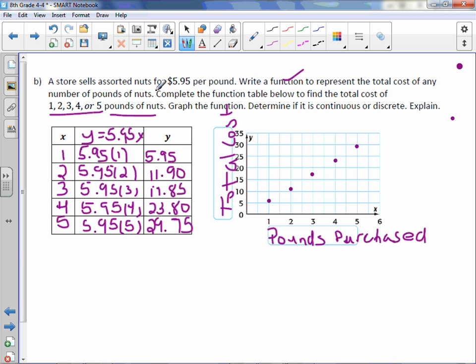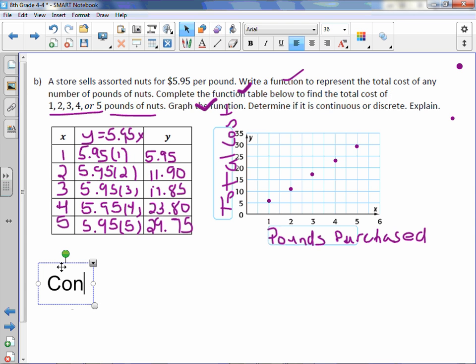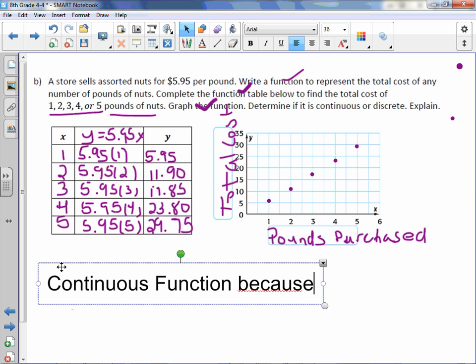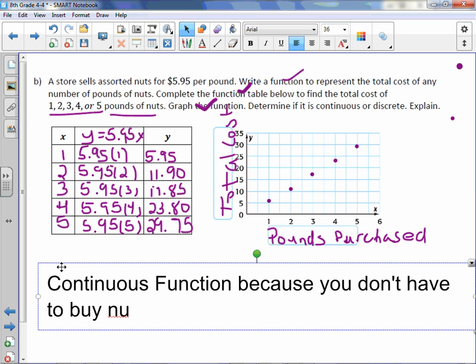Okay, so we completed the table and we graphed the function. Now we need to figure out if it's continuous or discrete. We are talking about pounds purchased, not quantity purchased. So because we can have any quantity, any pounds I should say, this is a continuous function. And again, because you don't have to buy nuts in whole number increments.